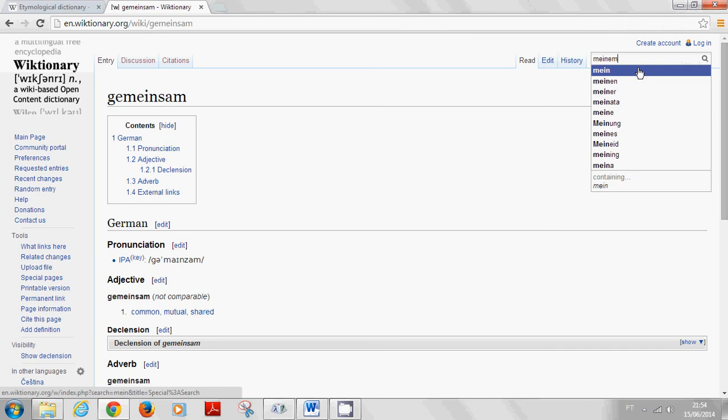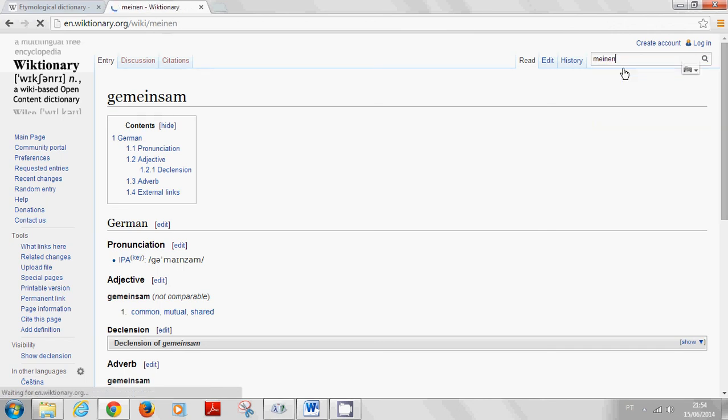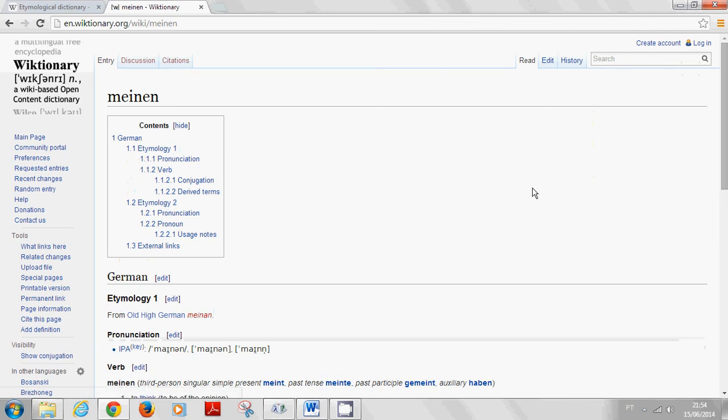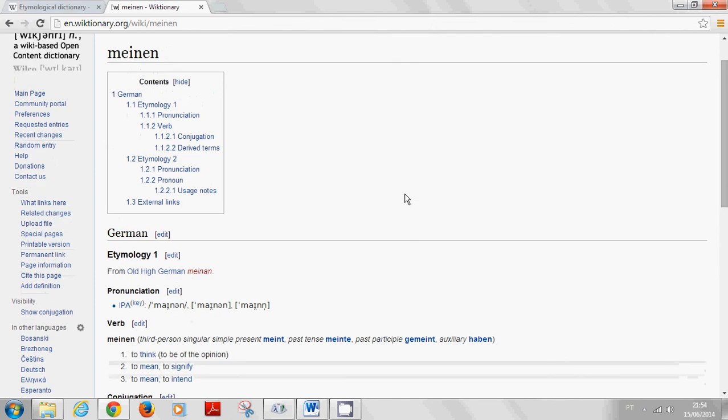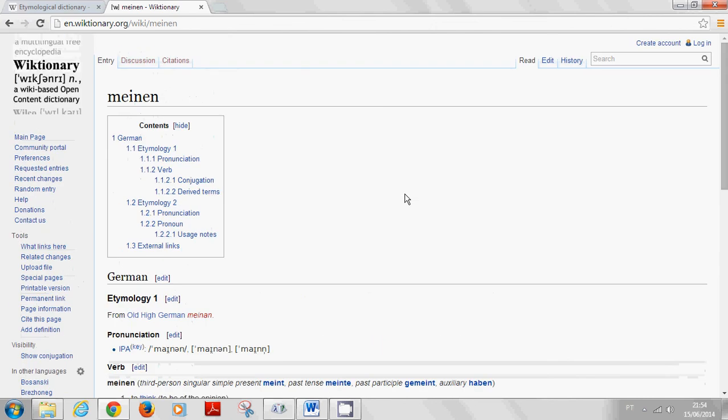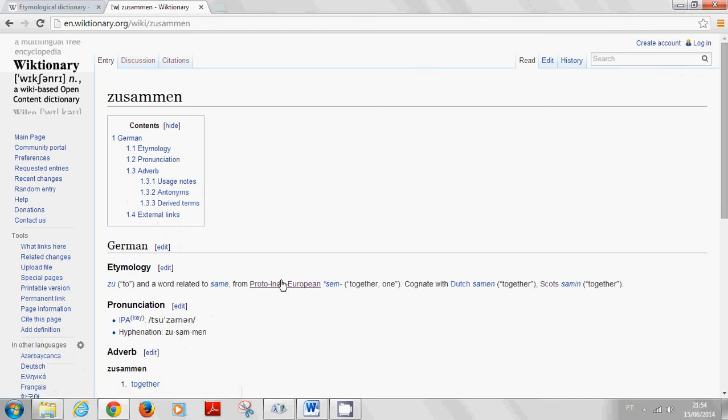But mein will give you something. Mein will be meinen, the verb for meaning something. Yeah, to mean, meinen. Sometimes you can't find the roots, and sometimes you have to think it out. Like som is same, like this word zusammen, which means together. Oh wow, it's an Indo-European root. Didn't even know that.